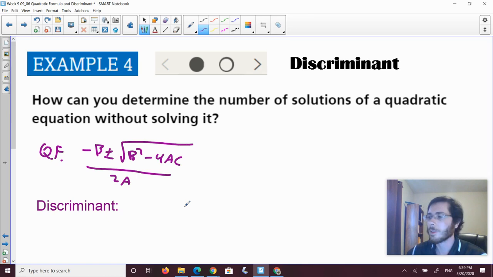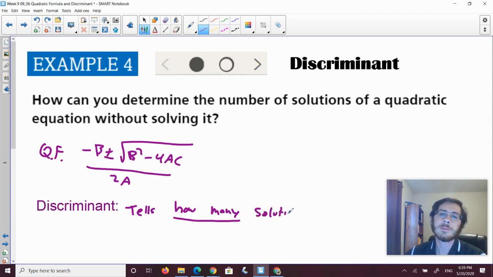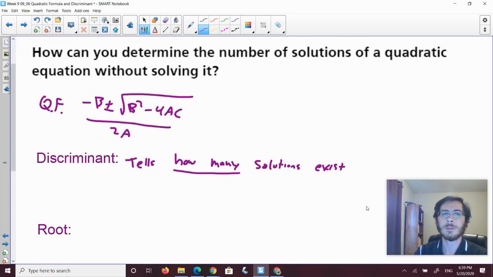And that's what our discriminant does. So the discriminant is just going to tell us how many solutions we have. It doesn't tell us what they are, just tells us how many. And the discriminant is another formula. So just like the quadratic formula, it's something that you won't need to memorize, but you should be able to use it to find out how many solutions exist.